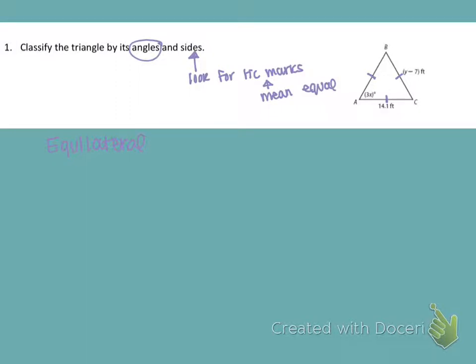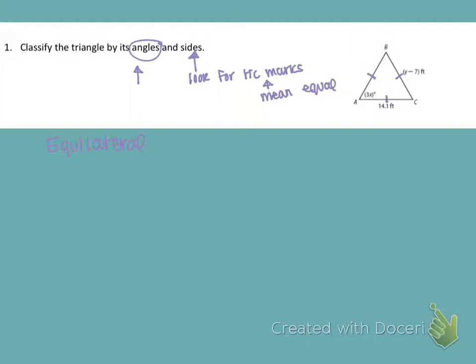But I need it by its angles and its sides. So angles, in this case, we don't know the angles, but what we do know is that it's an equilateral triangle. And if we memorized from the video, where I told you that all 3 angles of a triangle add up to 180 degrees, and if it's an equilateral triangle, then all 3 angles are equal.